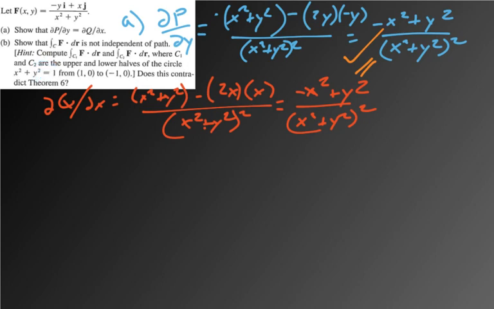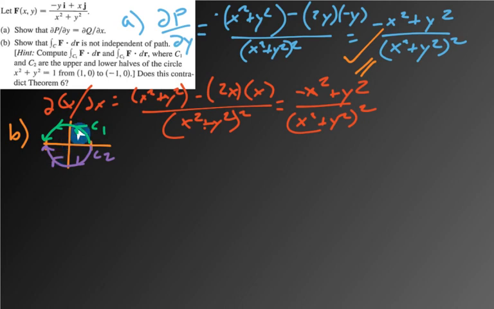So if you do this line integral, and we're going to do it from the point (1, 0) to (-1, 0), curve 1 is the upper hemisphere, and curve 2 is the lower hemisphere of the circle, right?